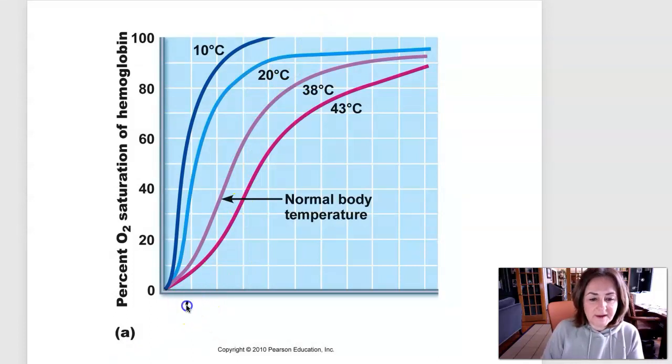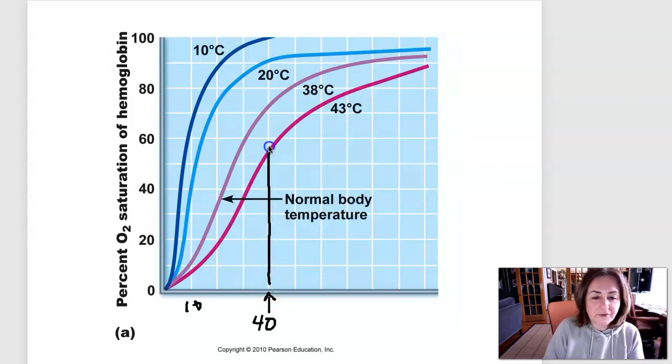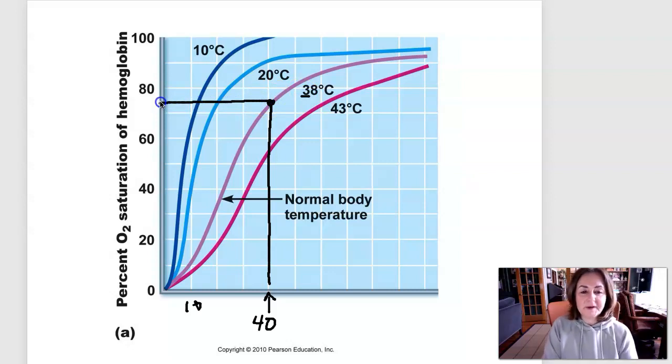So I think this is in increments of 10, so there's 10, 20, 30, let's say here's 40 millimeters of mercury. So this is what it's like at the tissue, and normal body temperature is that purple line. And so what this is showing me is just what we were looking at before, that at normal body temperature, the hemoglobin is about 75% saturated with oxygen.